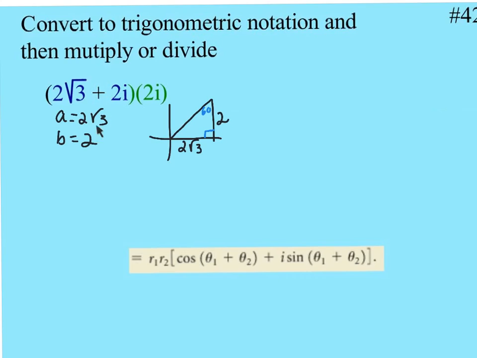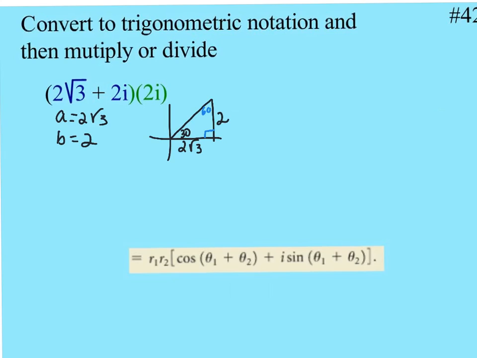So that means a is your x-coordinate, y is the b. Since a has a radical 3, its angle would be 60 degrees, giving us our reference angle of 30. When that's the case, then our hypotenuse will be twice as big as the small side.